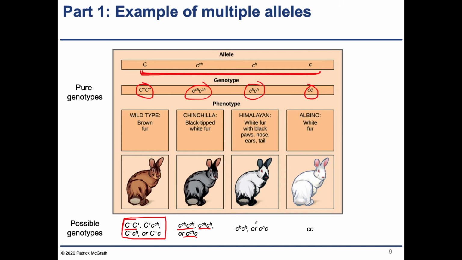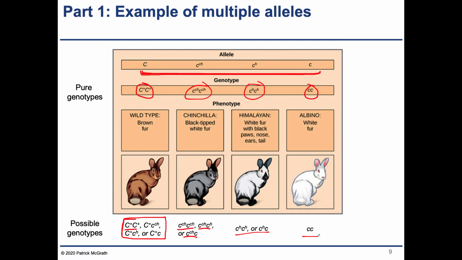And then finally, Himalayan was recessive to chinchilla and wild type, but it was dominant to albino. So these 2 genotypes could result in a Himalayan color. And the only way a rabbit could be albino was if it's homozygous for the albino allele. So this is an example where you have 4 alleles, but these alleles just have standard recessive and dominance relationships between them.